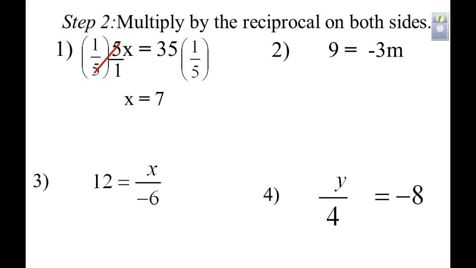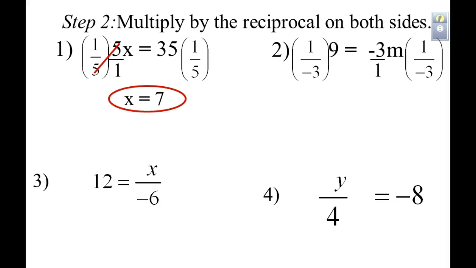All right, so same thing on number 2. Make that a fraction and then multiply by its reciprocal, which would be 1 over negative 3. You could also say negative 1 over 3. As long as the negative is there, it doesn't have to be on the bottom. That's kind of easier that way because it's flipped.